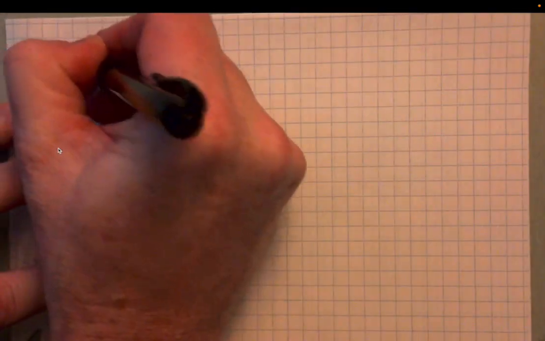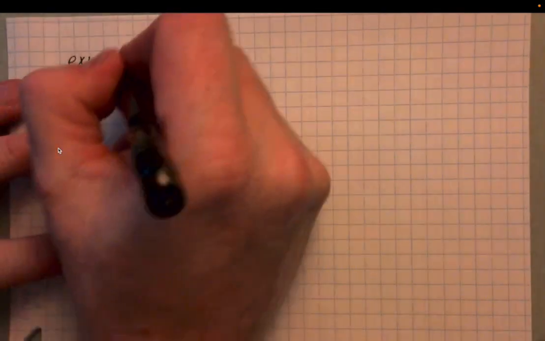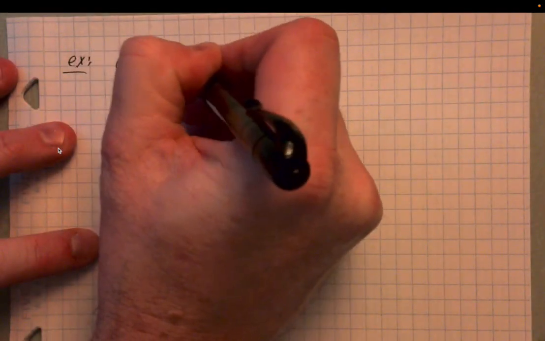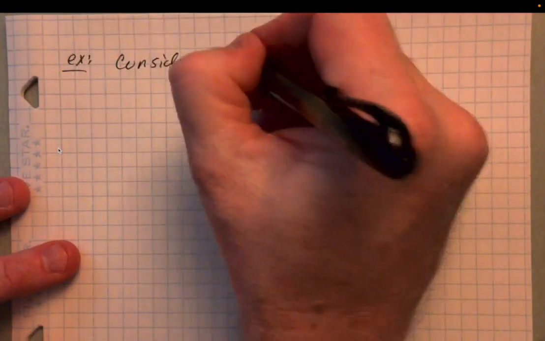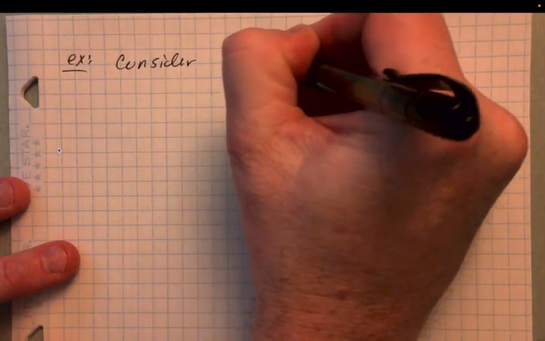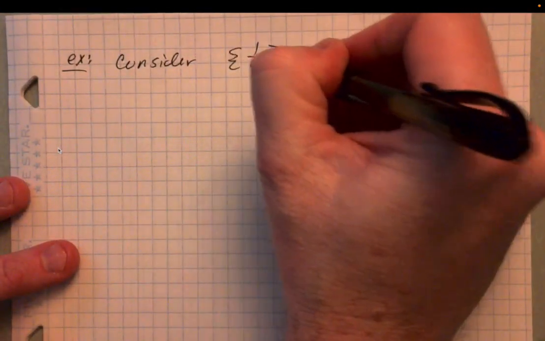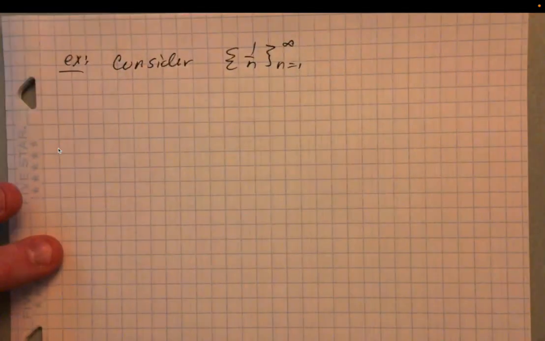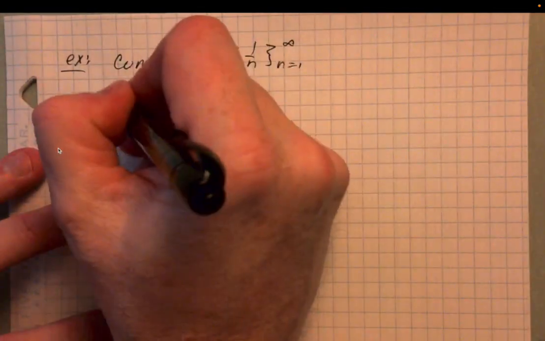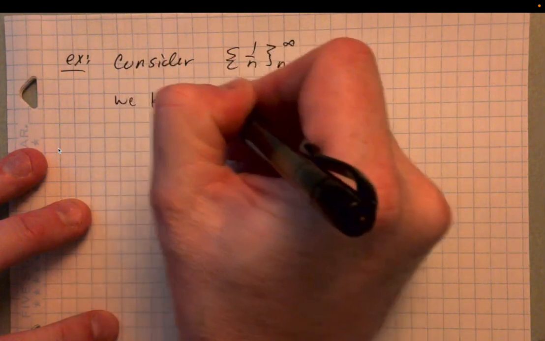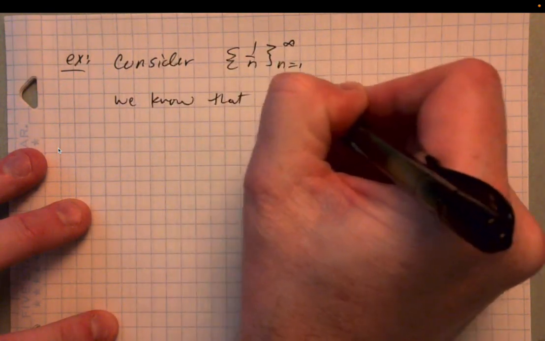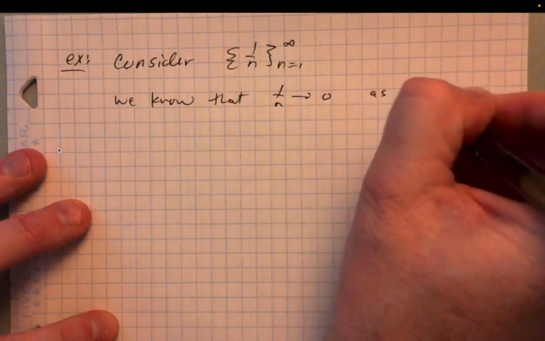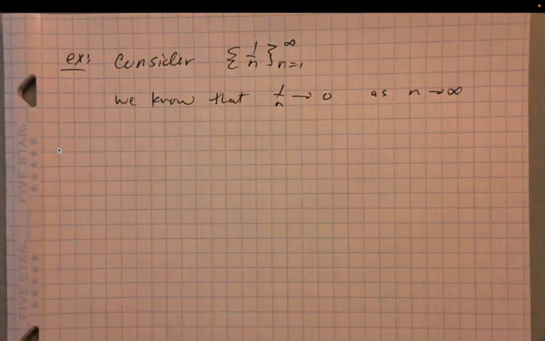Examples are king. So let's consider a straightforward example, something that's not tricky for us. Consider the sequence 1 over n, n equals 1 to infinity. Now we know that 1 over n goes to 0 as n goes to infinity.